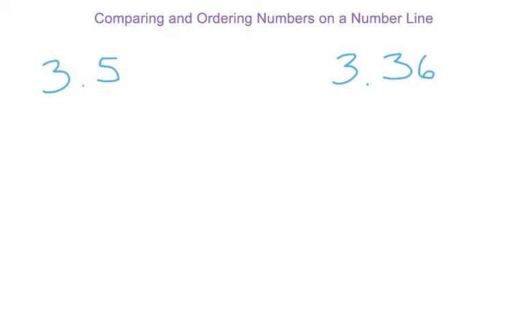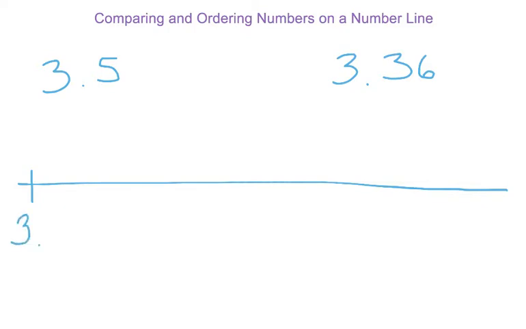So I'm going to start my number line here at 3 and 3 tenths, which is the same thing as 30 hundredths because I know I'm in the hundredths. This is the same thing as 3 and 50 hundredths.